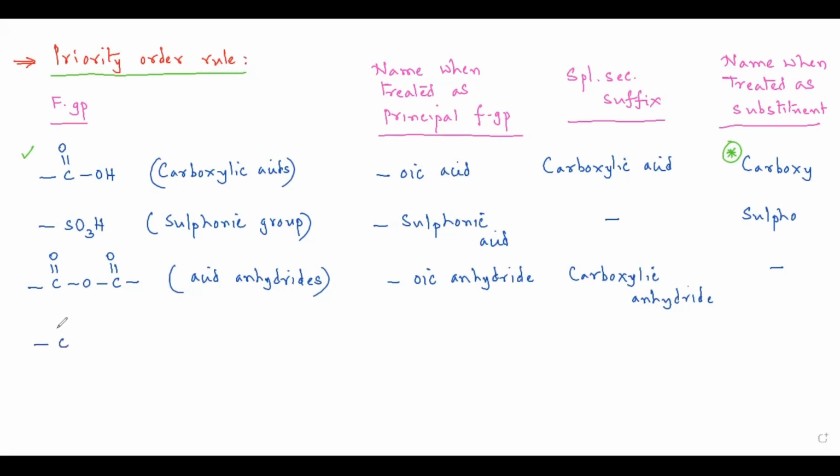Now coming to the next one, it is ester. C double bond O. Looking at this, you have to say that it is an ester. Now coming to the name when treated as principal functional group, it's called oate. Oate. And special is carboxylate.